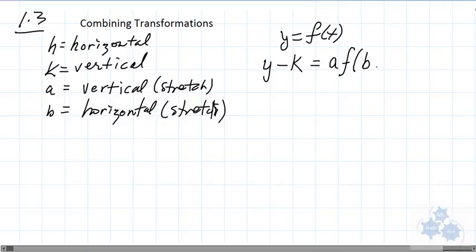Now, we haven't put b and h together yet inside these brackets, and this is very important. The b value is a constant that is multiplied by the expression x minus h. And this is actually going to be quite important to you later. Okay, so you have to write it just like that.